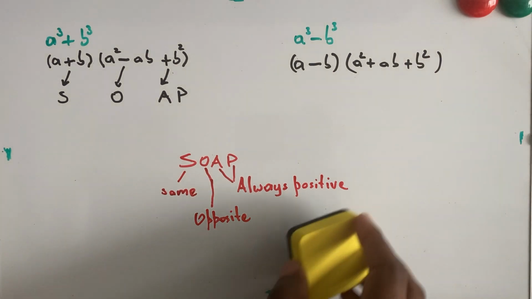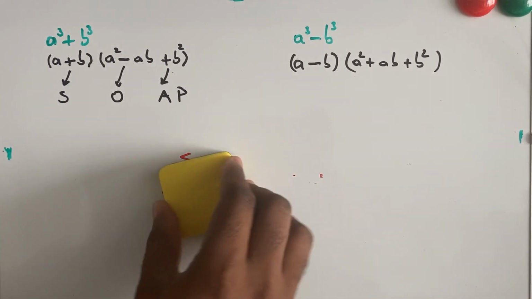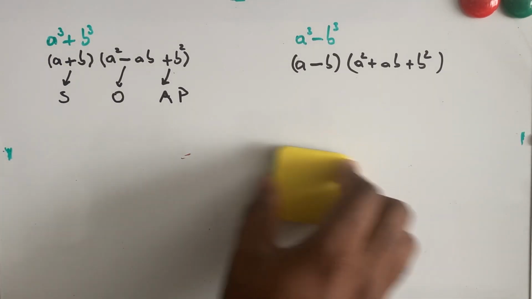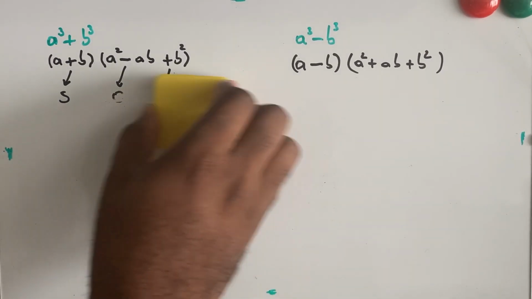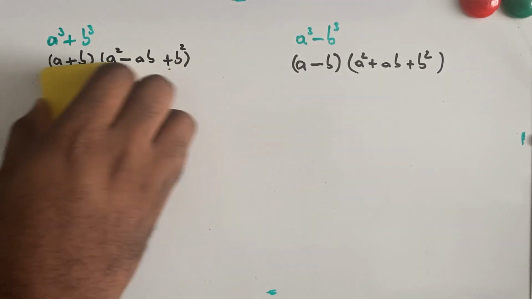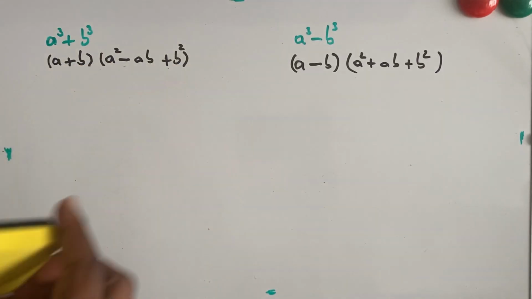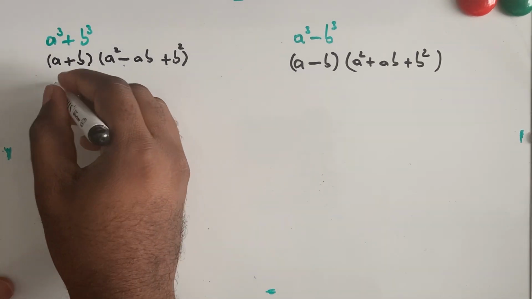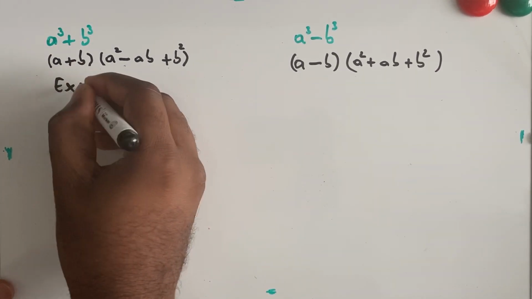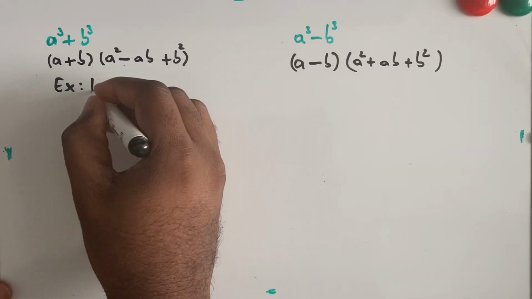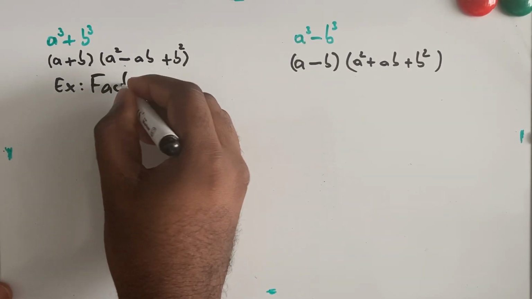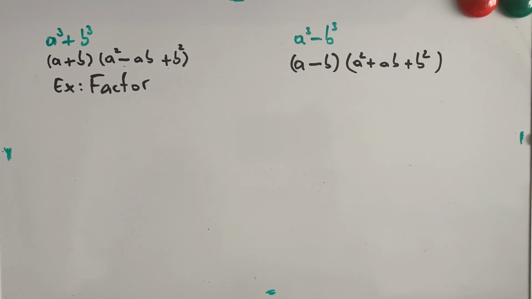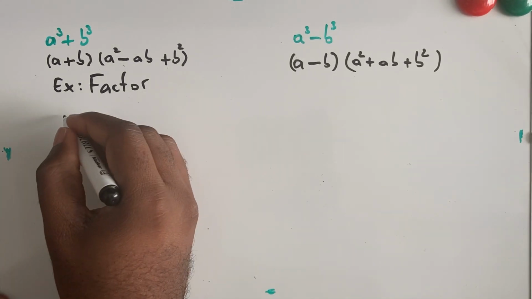All right, so let me erase these, and I'm gonna leave those where they are so I can show you some nice examples here. All right, so for example, let's say you have to factor x cubed plus 8.